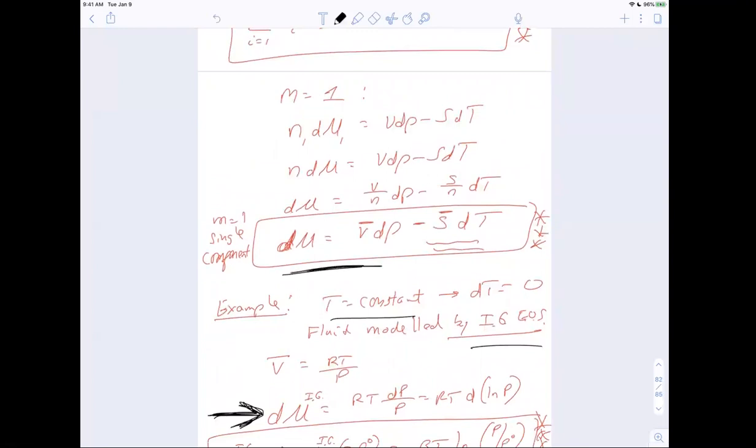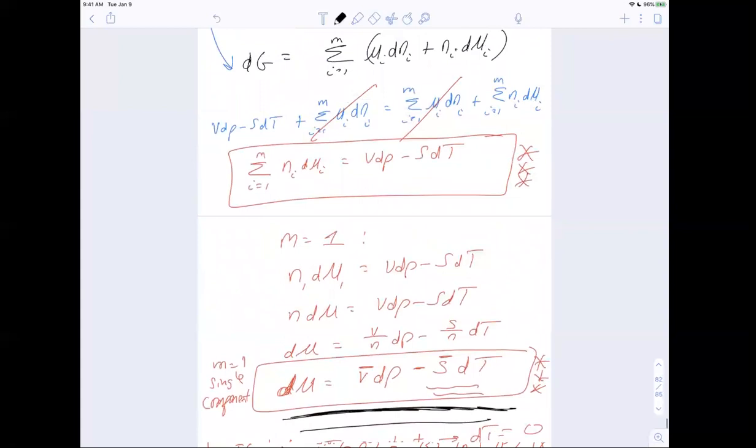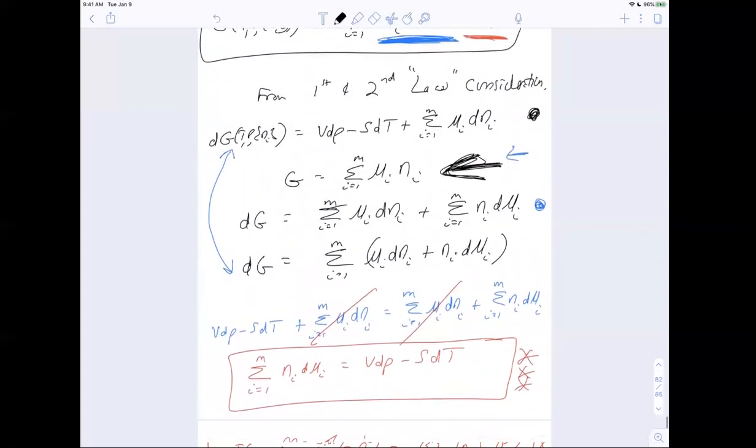And this arises from the fact that for a single component, d mu is given by V bar times dP minus S bar times dT, where the bars indicate molar properties. And this expression, of course, came from the fact that we have two ways to represent the total differential of G. The first is our combination of first and second laws, which we saw last class.